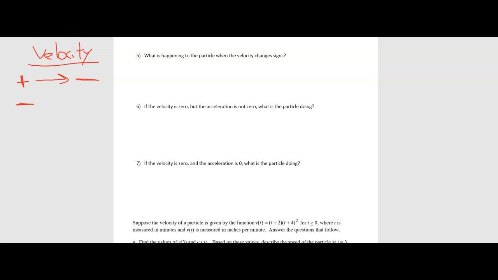If it has a negative velocity and then changes to positive, that just means it's moving to the left and then immediately changes to moving to the right. Either way, the particle is changing directions.